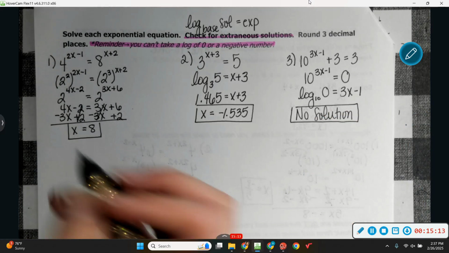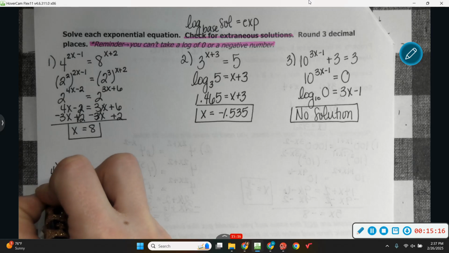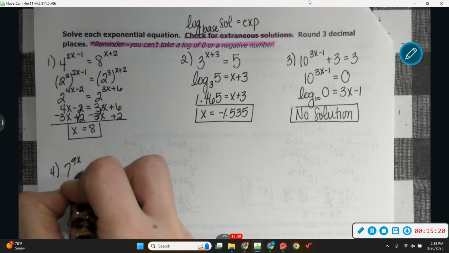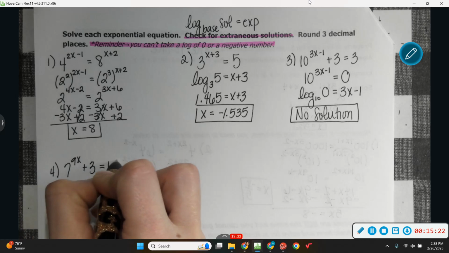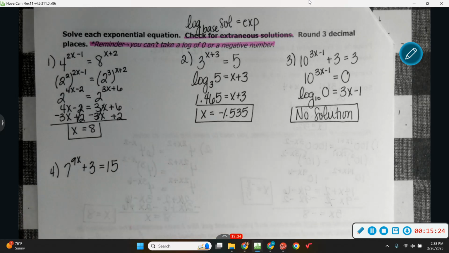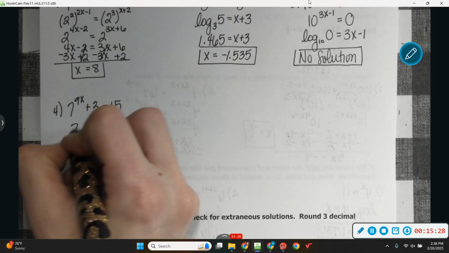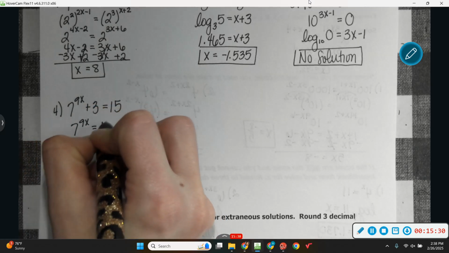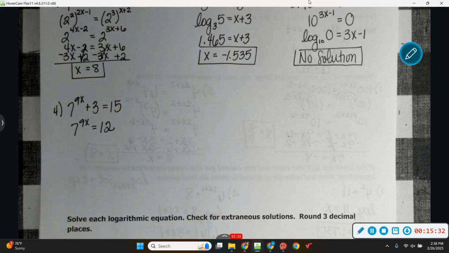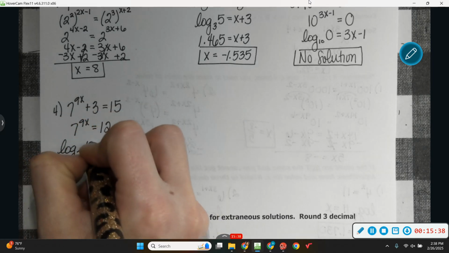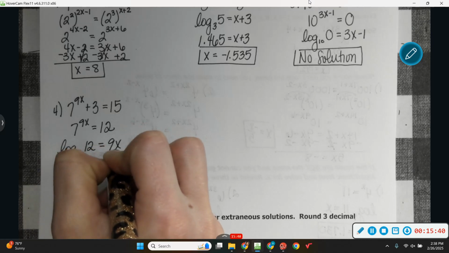Okay, so then our next example is if I have 7 to the 9x power plus 3 equals 15. I need my base, that's raised to the exponent by itself, so I would subtract 3. So 7 to the 9x power is equal to 12. Then I need to rewrite it, so log base 7 of 12 is equal to 9x.